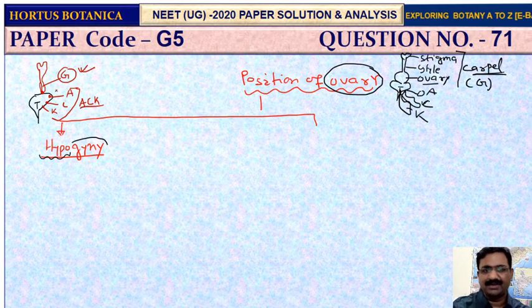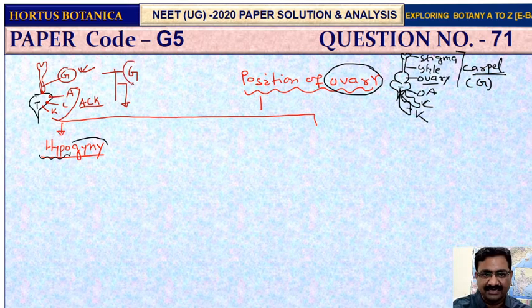Mind well. In this diagram, you are finding that the position of gynoecium is up, while the other parts are present below it. That's why the gynoecium is said to have a superior position. So hypogyny means that its ovary will be of superior position.